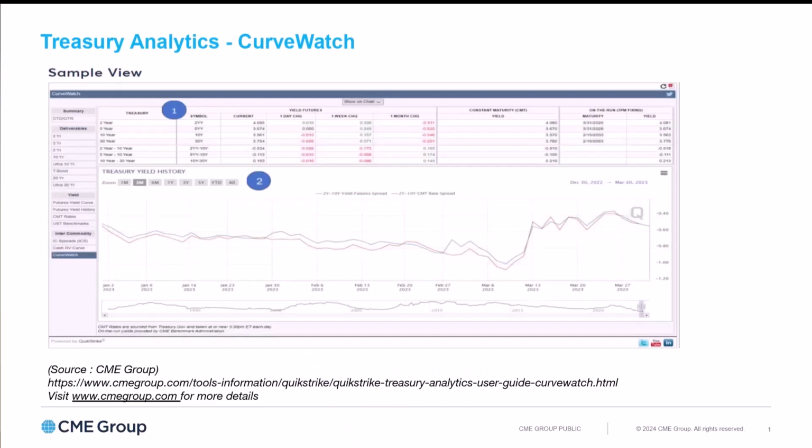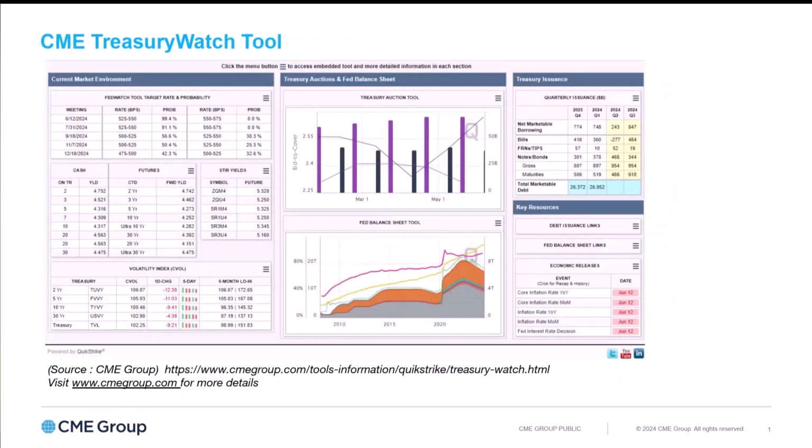I'll just mention a couple of these tools. We have something called a Treasury Analytics tool, which shows the historical value of these yield futures, which I'm going to talk about shortly. There's another tool called the Treasury Watch tool, which shows the users the upcoming supply and demand in terms of Treasury futures.